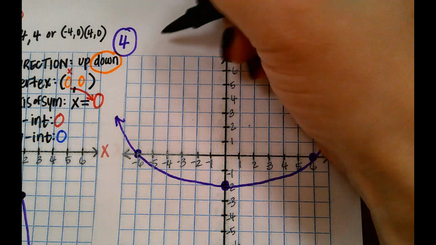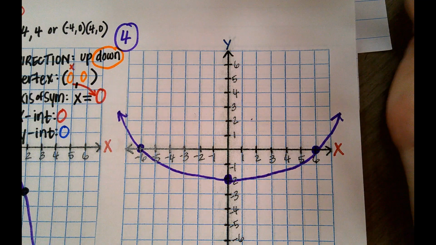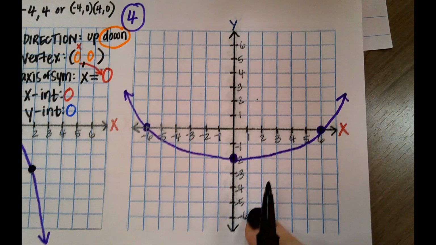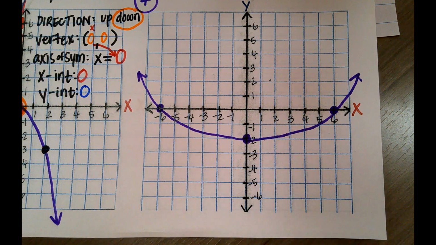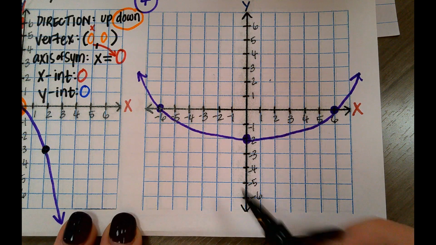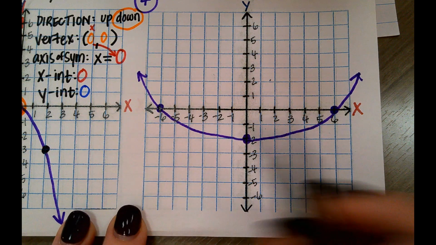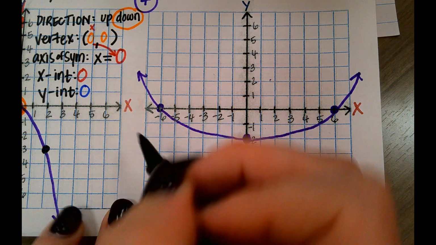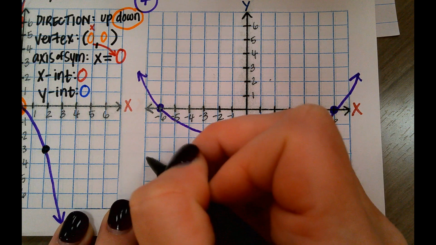Don't shout out the answers, but you're going to determine the direction of opening, the vertex, the axis of symmetry, and the x and y intercept. So I'm going to write all of those and give myself blanks. I want you to fill these out on your own, and then we will review our answers together in a moment.